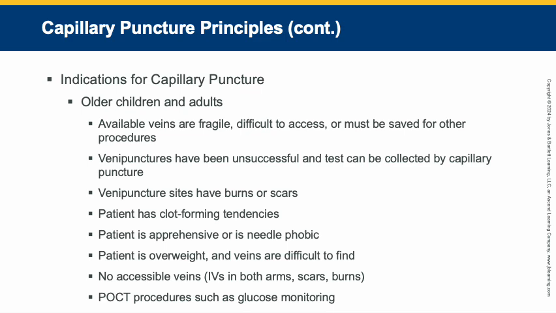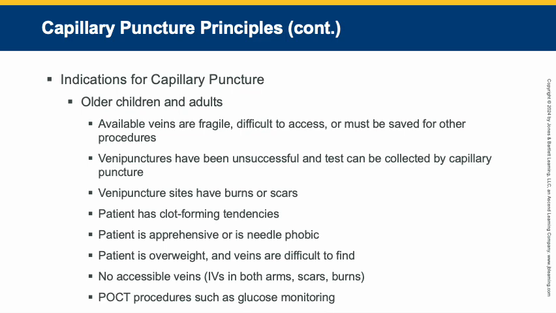The patient has burns or scars at sites commonly used for the venipuncture. The patient has thrombotic or clot-forming tendencies. The patient is apprehensive or has an intense fear of needles and capillary collection is acceptable. The patient is extremely overweight and veins are difficult to find.